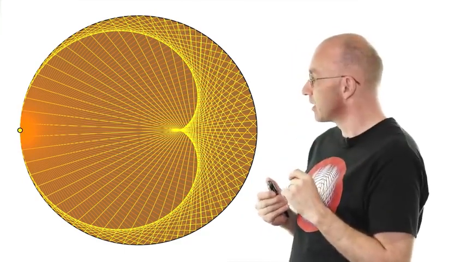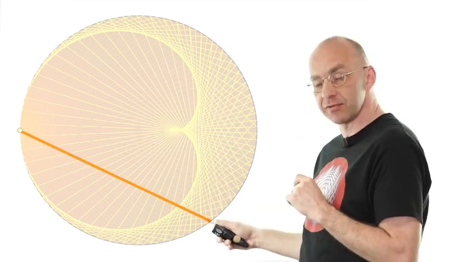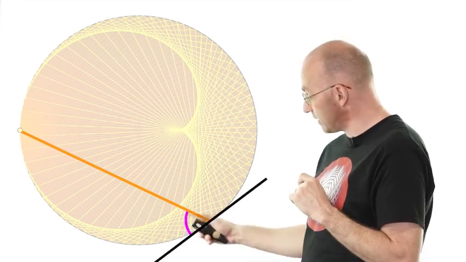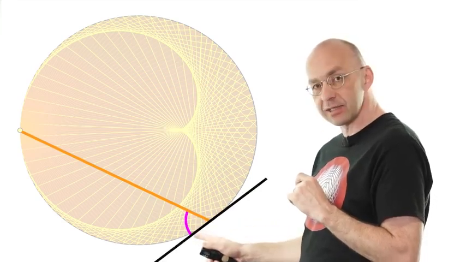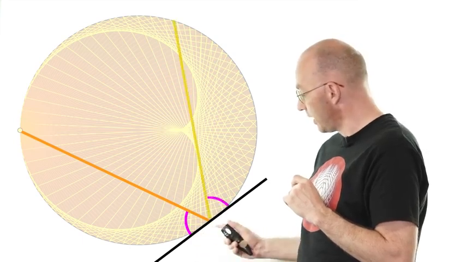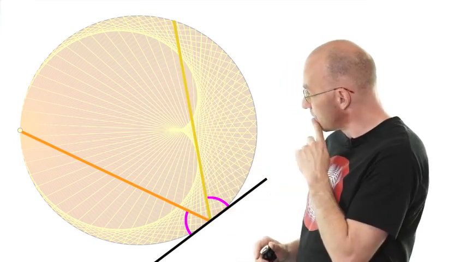And I just want to show you. So let's just highlight one of those rays coming out. It hits the wall here, and then it gets reflected at the same angle as it comes in. So this angle here is the same as there, and you can see it goes like that. So what does that tell us?